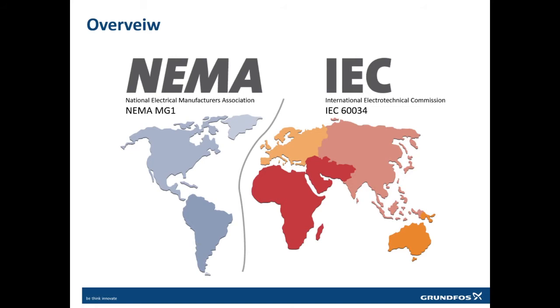NEMA motors are oversized, and in American motors you have more margin for error, but in European motors the margin for error is less. You have to design your system very carefully in order to run it, so they have tighter tolerances.